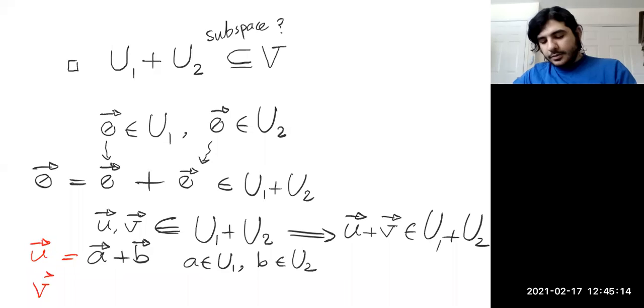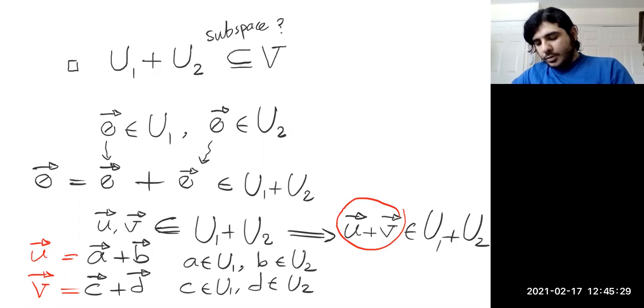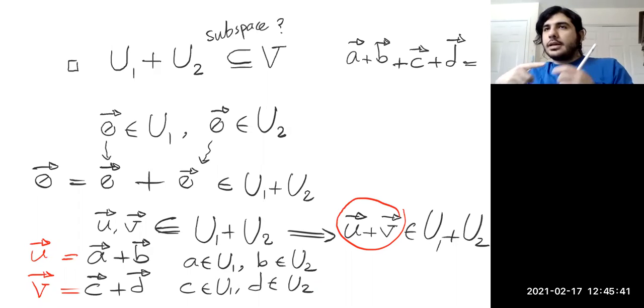Same thing holds for V. If V is in U1 plus U2, we should be able to write V as C plus D, where C is in U1 and D is in U2. Now, U is A plus B, and V is C plus D. Okay, I changed the order.